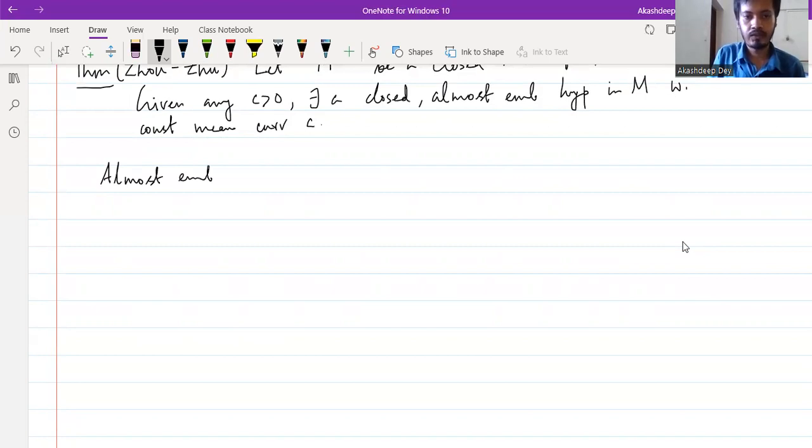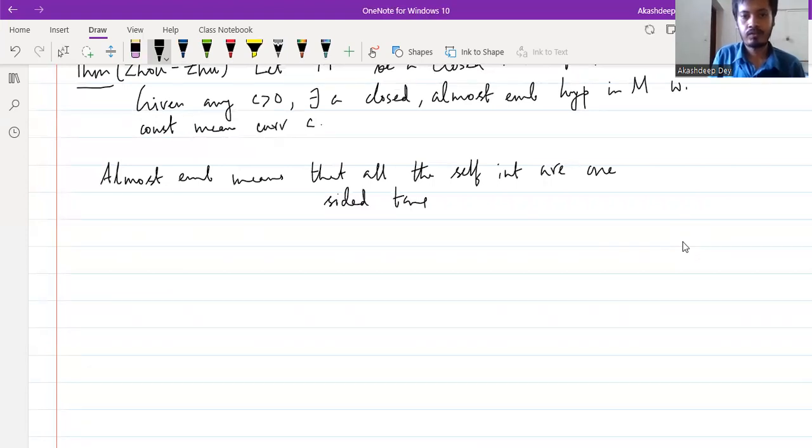Almost embedded means that all the self-intersections are one-sided tangential intersections.